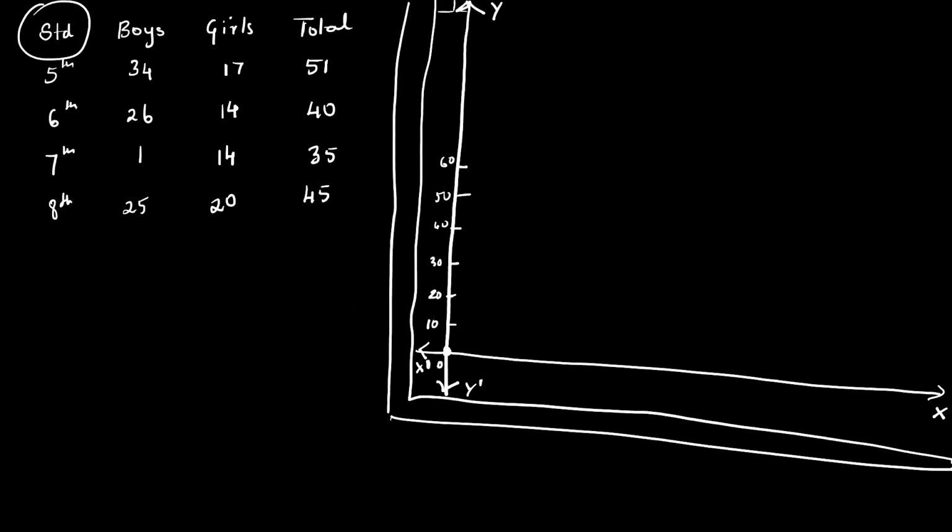Every box will be that. And here, you will write in one line; the second line, you will have space. You can write it as total number of students. Since we have added boys and girls, total there are 51 students. So here, you'll write number of students. Make sure whatever you are writing is not going in the white part. Write everything in the green part only of the graph.